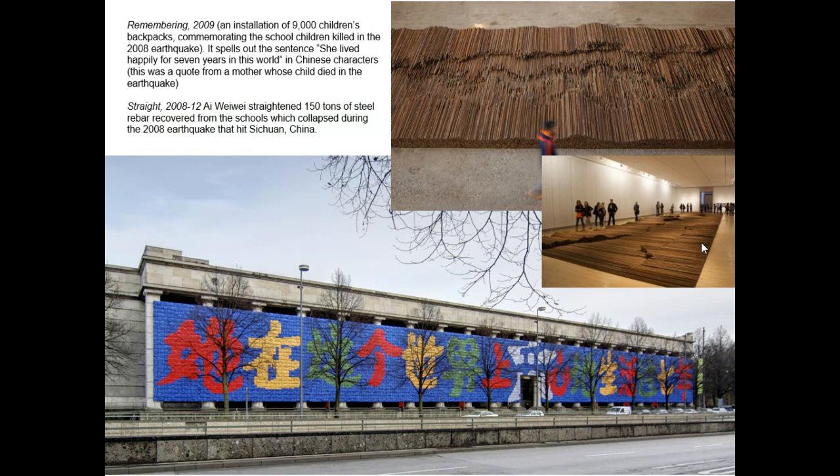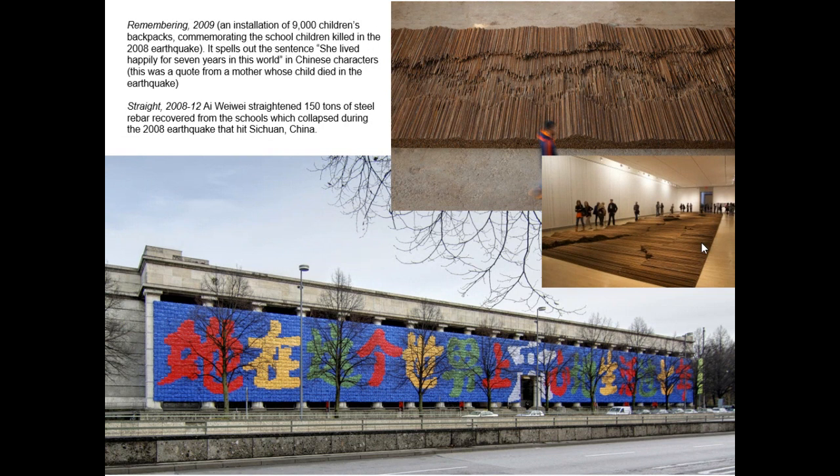His team collected these objects, the twisted rebar from the destroyed schools, and they, as a group, re-straightened them back into usable form, and then created the sculpture to kind of heal the damage that had happened, but also to call our attention to it.